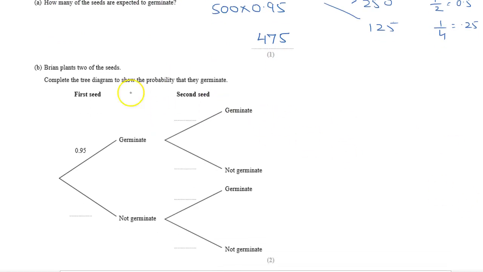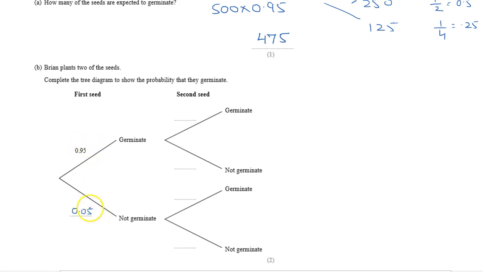Now, Brian plants 2 of the seeds. Complete the tree diagram to show the probability that they germinate. So if they germinate 0.95, the probability of not germinating is not 5, it is 0.05.